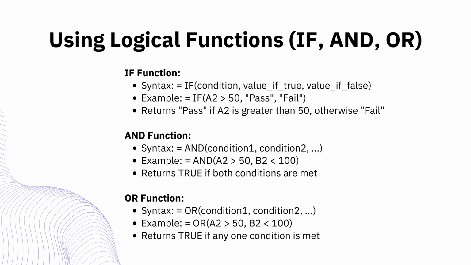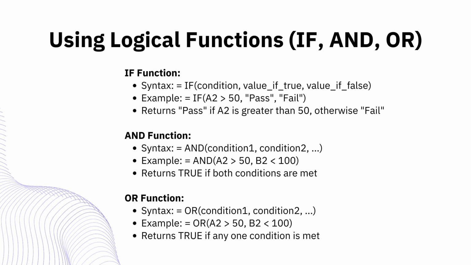Moving on to AND and OR functions. These allow you to evaluate multiple conditions simultaneously. The AND function returns true only if all specified conditions are met, while the OR function returns true if any one of the conditions is met. For example, =AND(A2>50, B2<100) will only return true if A2 is greater than 50 and B2 is less than 100.